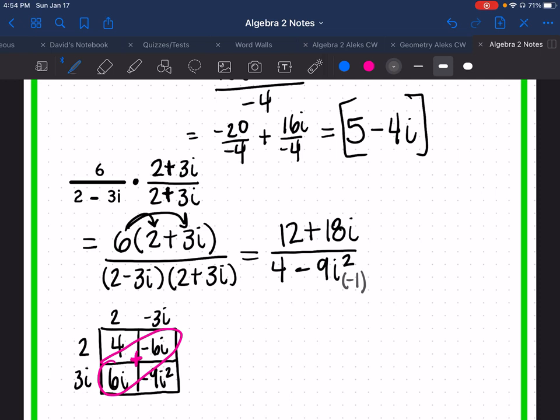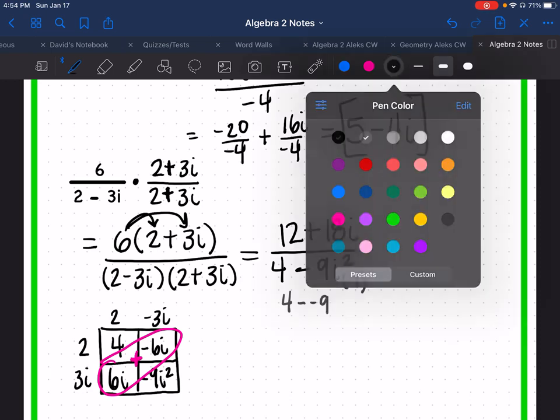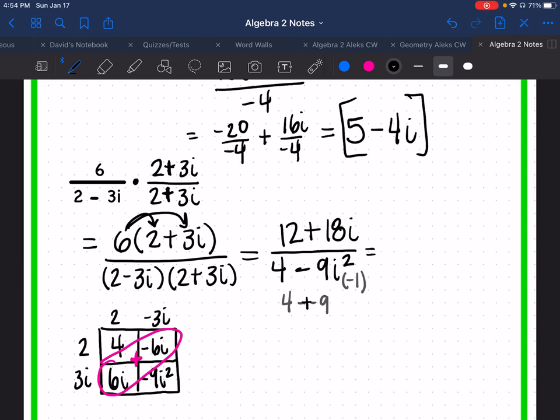So this on the bottom is really 4 minus negative 9, or 4 plus 9, and it becomes a whole number. So I have 12 plus 18i in the numerator, and in the bottom, I have 4 plus 9, 13.